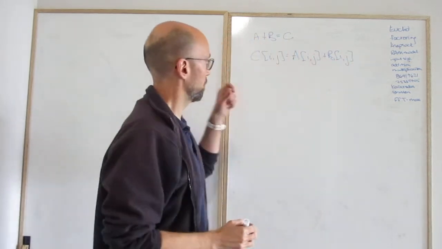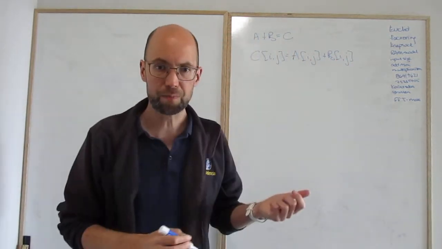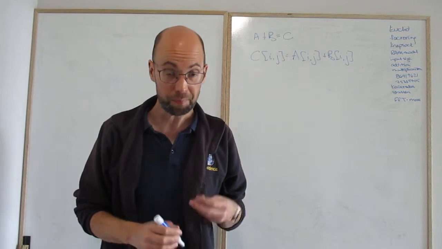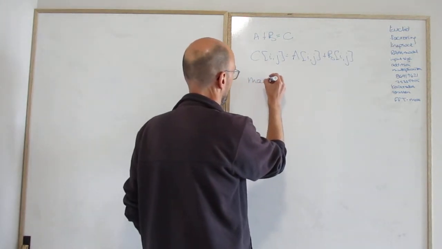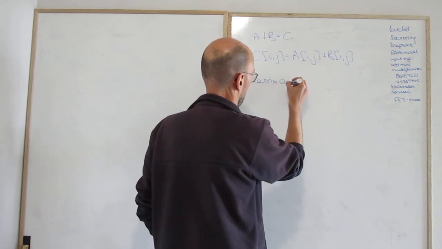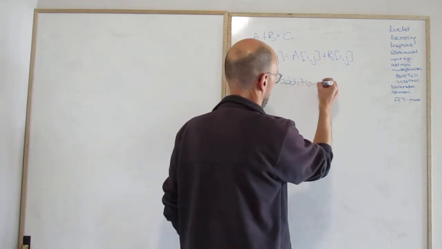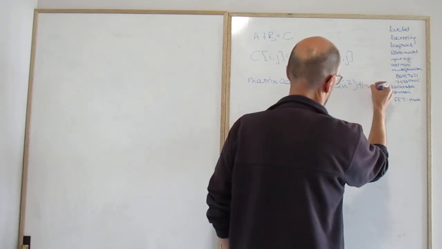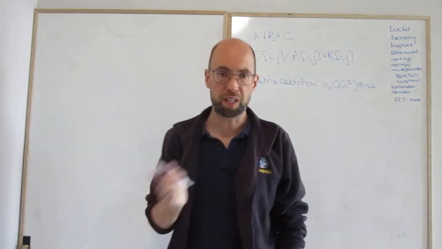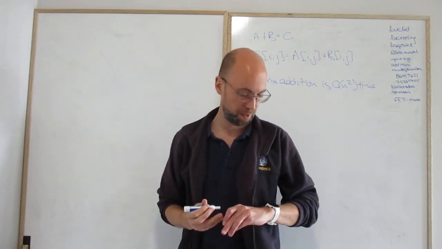How many things do you have to do this for? Well, n squared. So matrix addition is O(n squared) time, assuming the elements can be added in constant time.